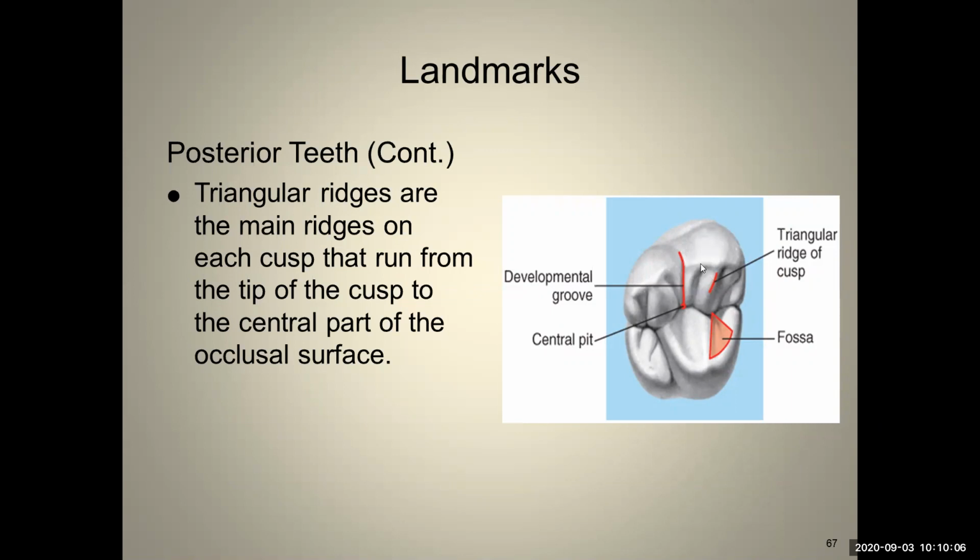Then you've got the mountain peak, which is the mesiobuccal cusp ridge, and the distobuccal cusp ridge, because it's going towards the distal. This is going towards the mesial. So this is the mesial cusp ridge of the distobuccal cusp, and the distal cusp ridge of the distobuccal cusp.